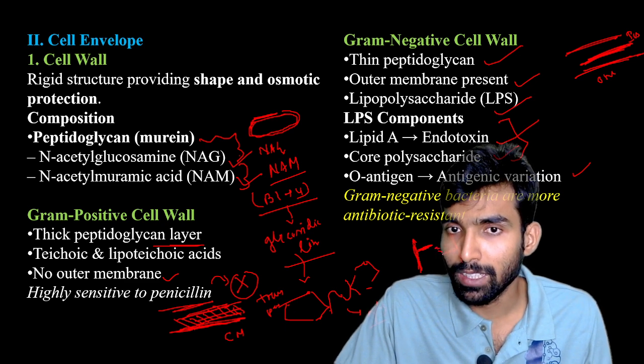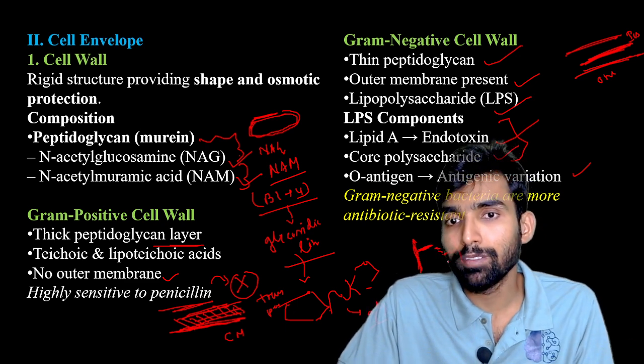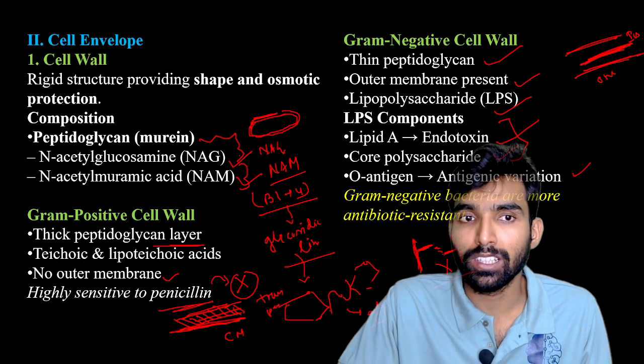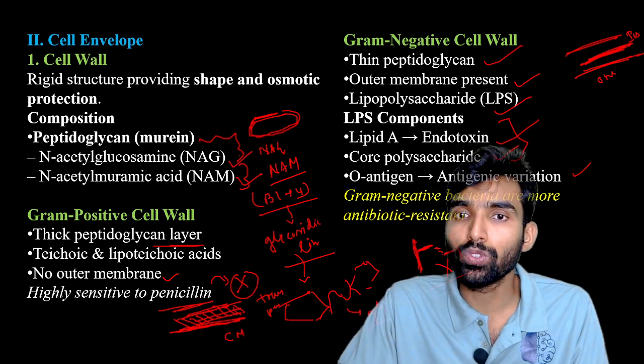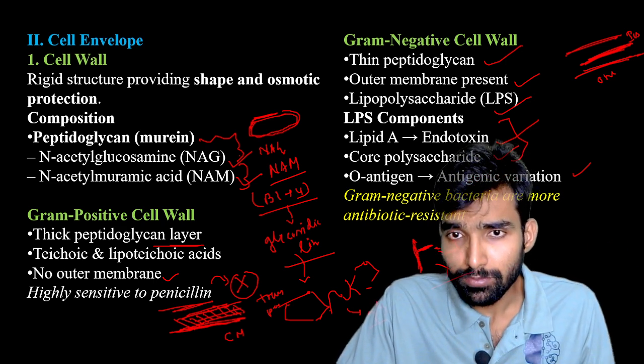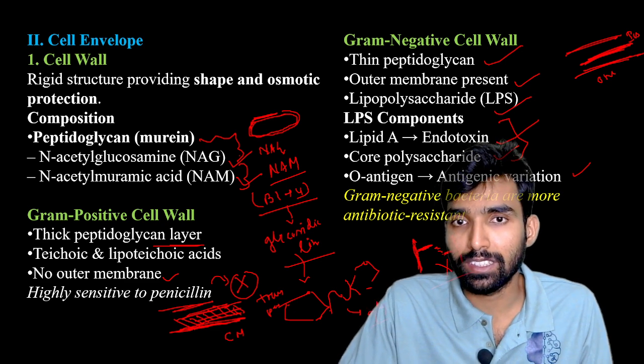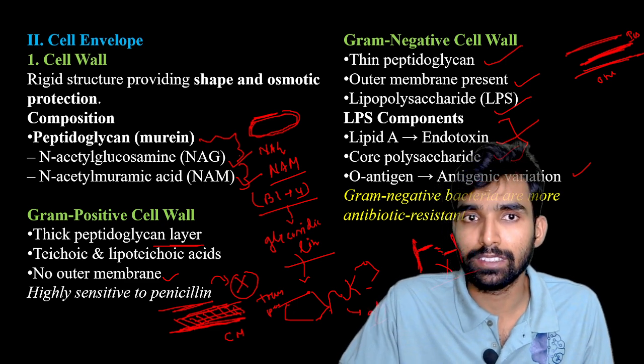Now they make a linkage here, and that transpeptidation is inhibited by penicillin. So gram positive bacteria are more sensitive to penicillin than gram negative bacteria.